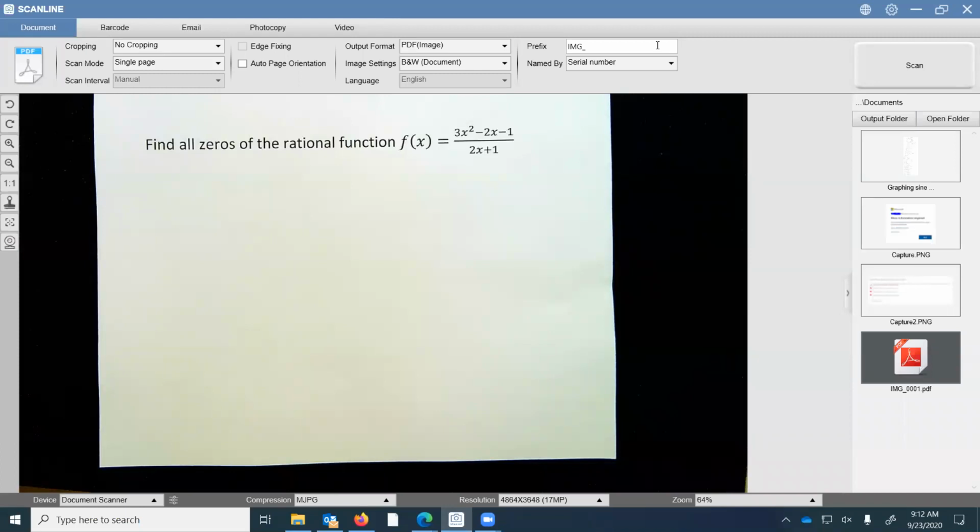So find all zeros of the rational function. Looks really, really difficult. It really is not.